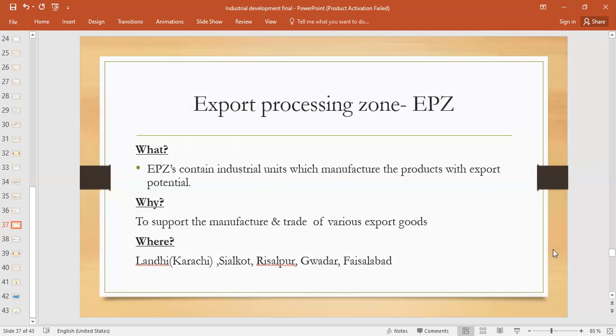EPZs should be established near the seaport to facilitate export and import of goods and the import of required machinery. A number of EPZs have already been set up in Karachi, and the government is planning to set up more at Gwadar.